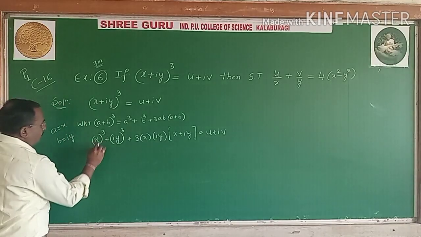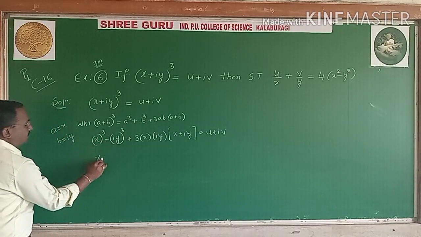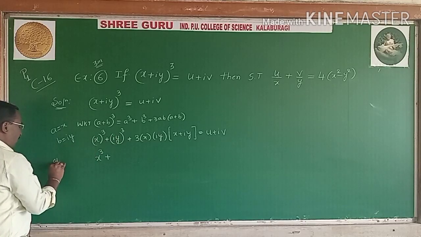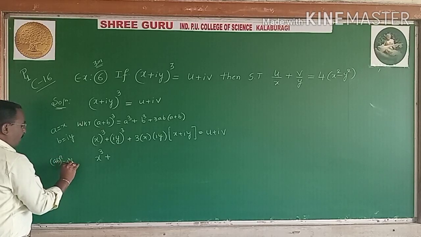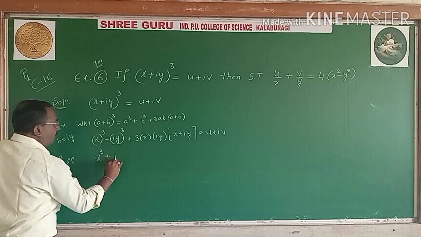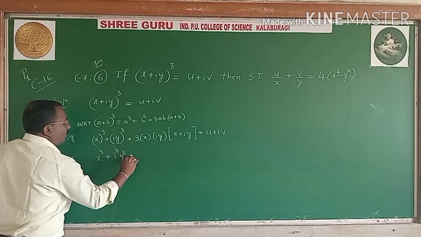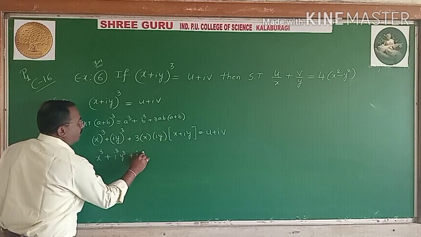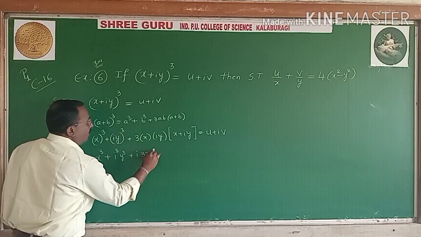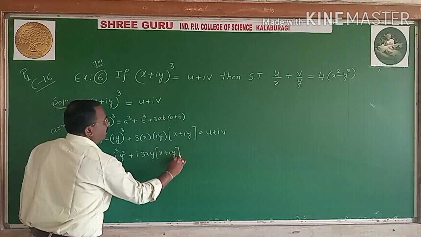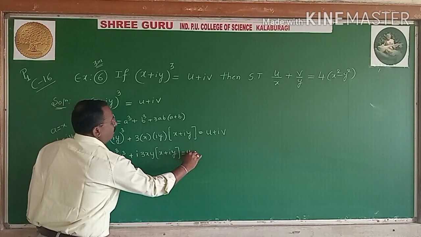Simplify this: x^3 as it is, plus (ab)^n can be written as a^n b^n, so i^3 y^3, plus 3xy into (x + iy) = u + iv.